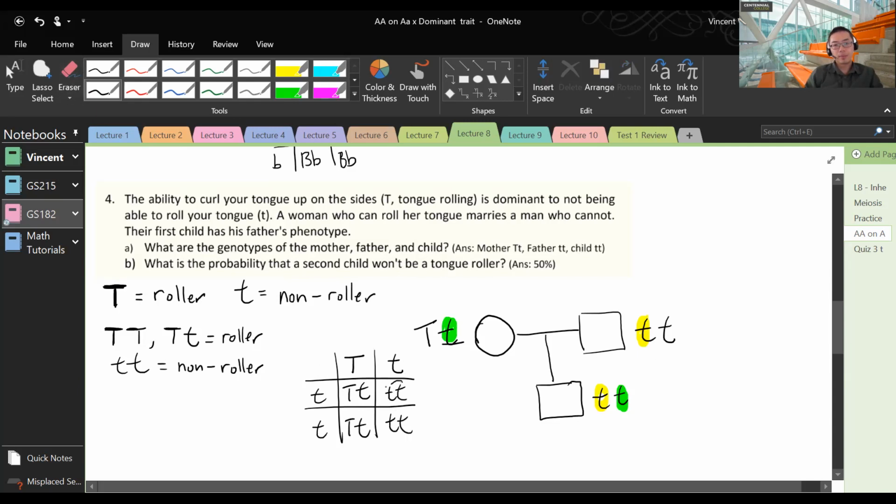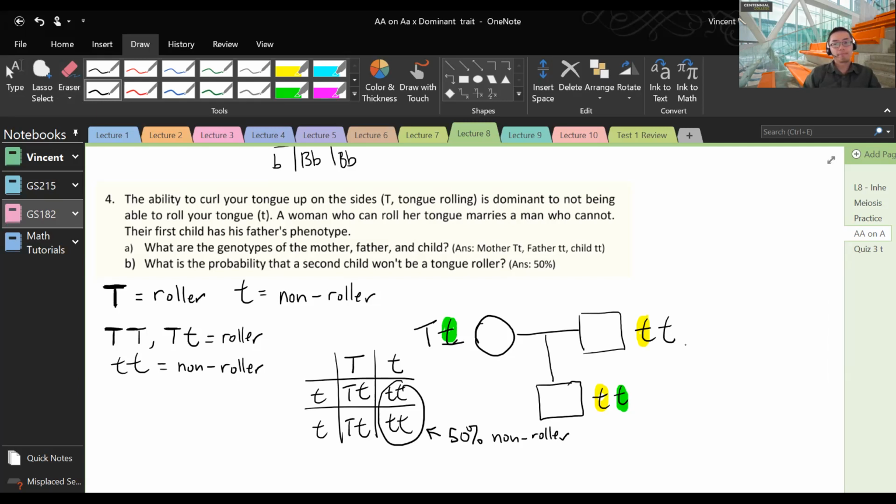And you can see there's going to be a 50% chance of having a non-roller. So their second child has half a chance of being a non-roller. That's it for number 4. Are we okay?